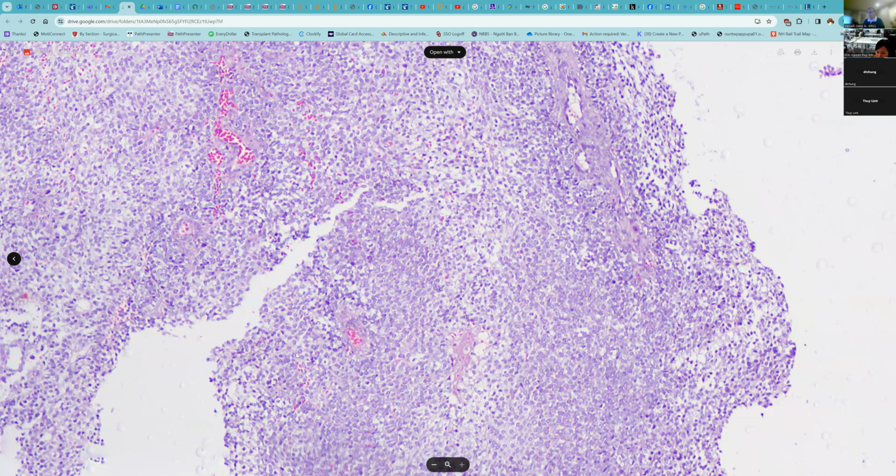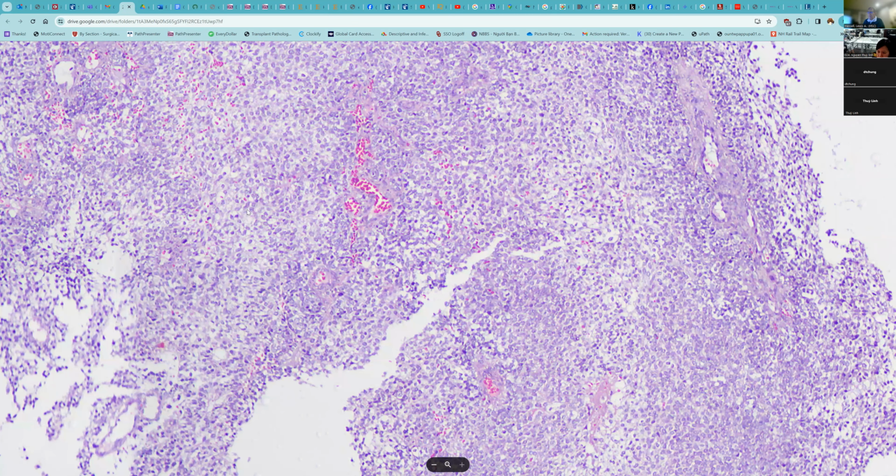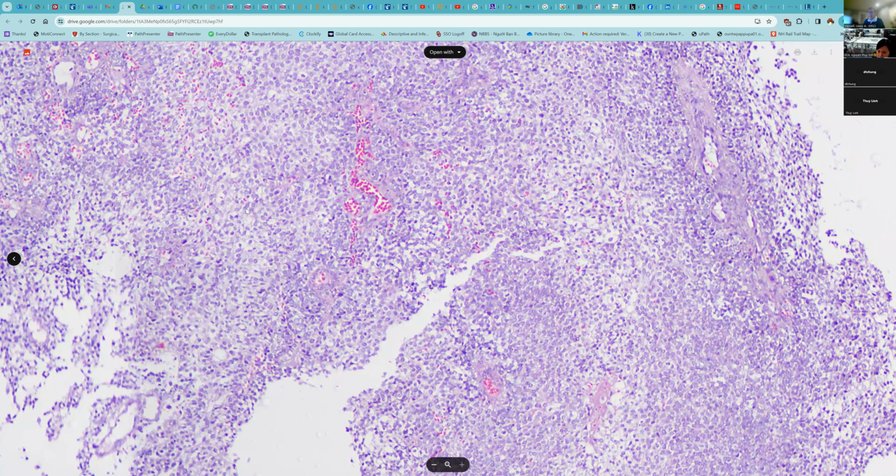And so the differential considerations in a tumor like this would be sinonasal undifferentiated carcinoma, a poorly differentiated squamous cell carcinoma, an EBV-related carcinoma, Epstein-Barr-related carcinoma.